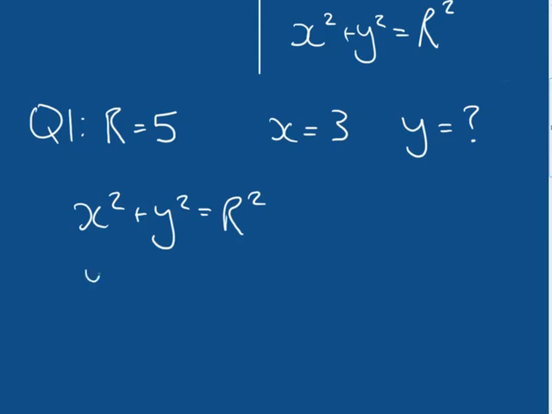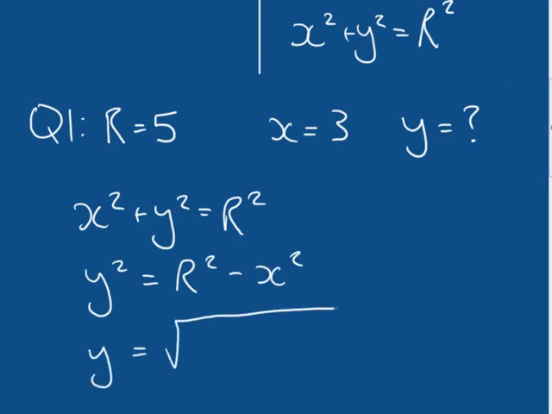So y squared is equal to r squared minus x squared. Therefore y is equal to the square root of r squared minus x squared. But notice y is not a distance in this case. Y is a coordinate, and that means because we're not just finding a distance, we must remember it's plus or minus the square root. That's why we can get 2 different y coordinates.